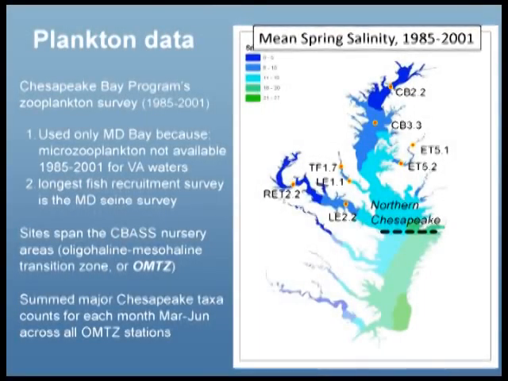So what we did was we took the major plankton taxa at all these stations. Essentially we summed them all for all those stations, aggregated them, and so I had one time series for each of these major taxa. We decided what a major taxa was because there were lots of them, and we didn't need a gazillion of them. We needed the major taxa to see if there was a major plankton signal.